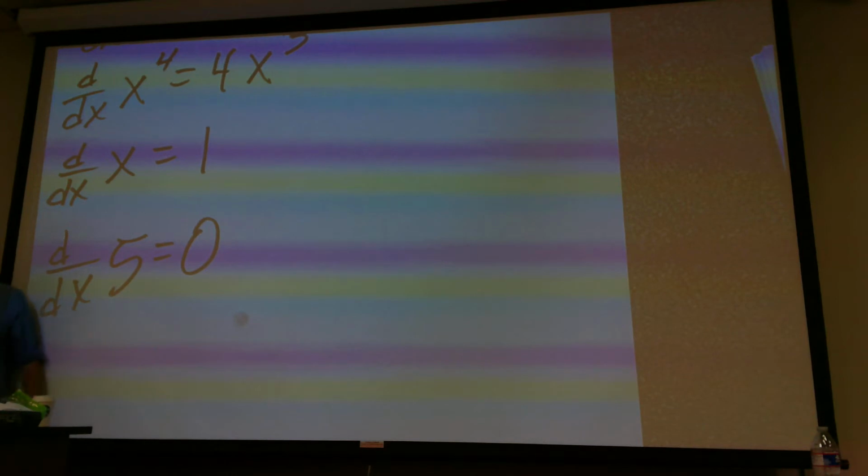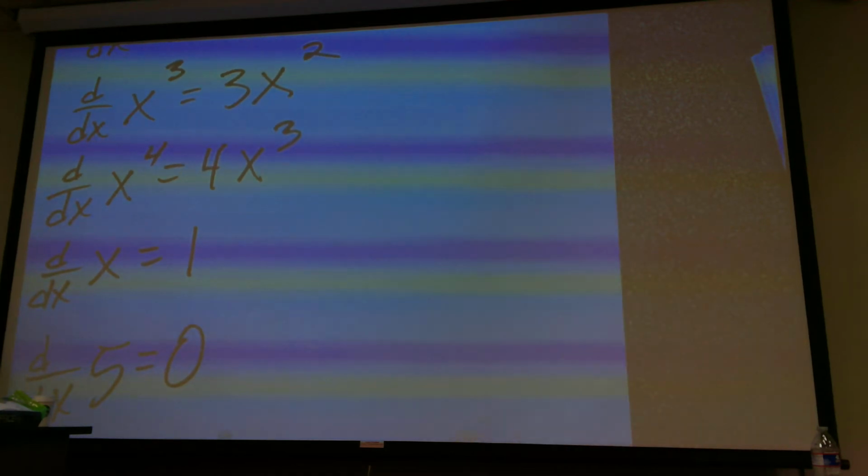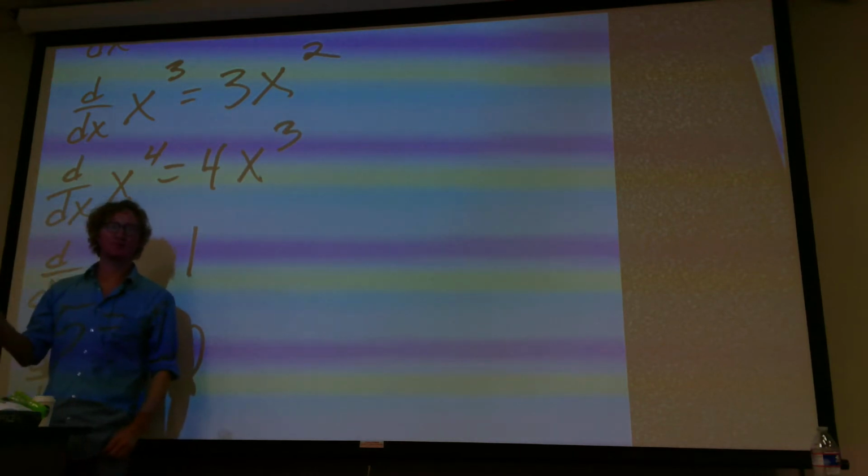And if you take the derivative of something that is constant, let's say 5, well, that's going to come out to being 0. Okay. But when you do this problem, you see I'm using whole numbers here, so x cubed, x to the 4th, stuff like that. It does not have to be integers in the exponent at all.